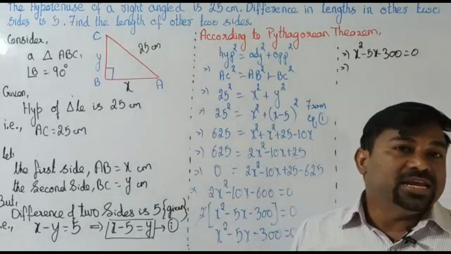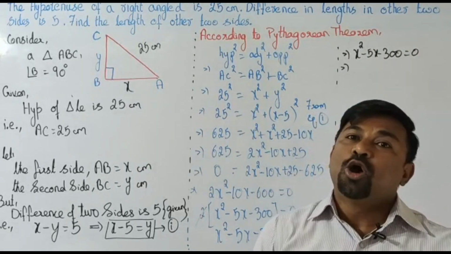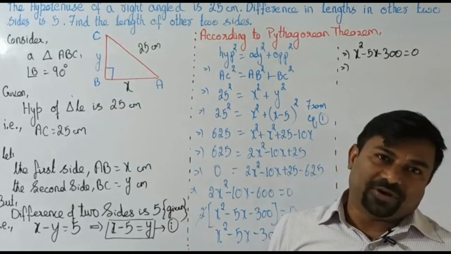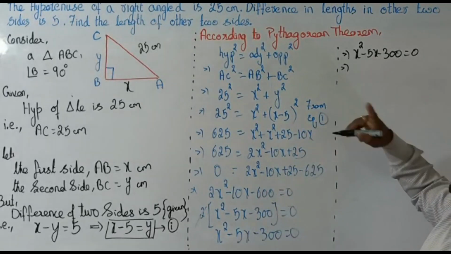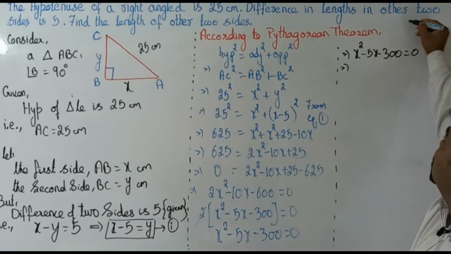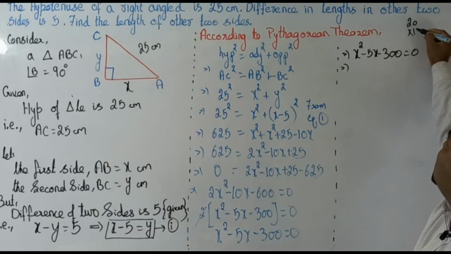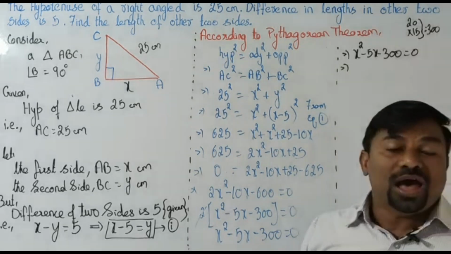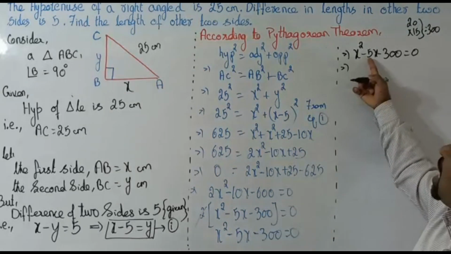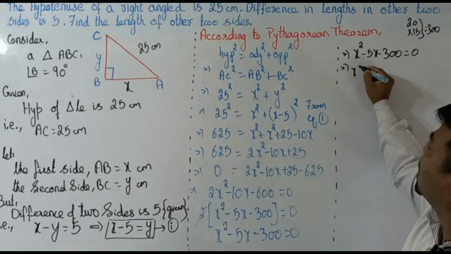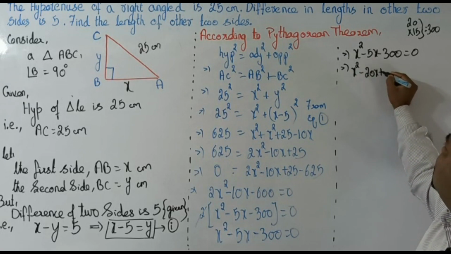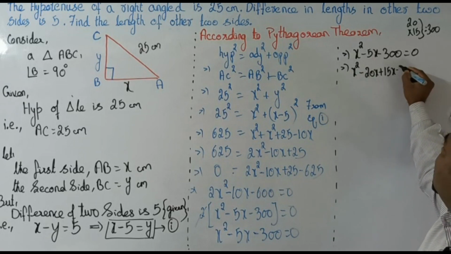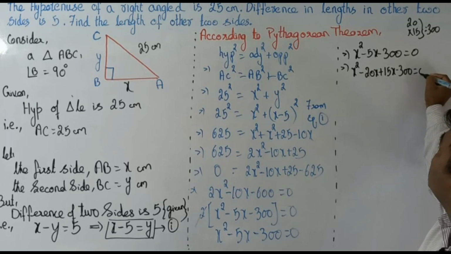We can use any method, it might be the formula method or the factorizing method. I like to choose the factorization method. I think 20 times 15 equals 300. The middle term has a minus here, so I take it as x squared minus 20x plus 15x minus 300 equals 0.